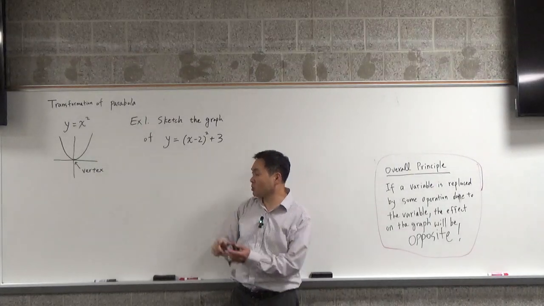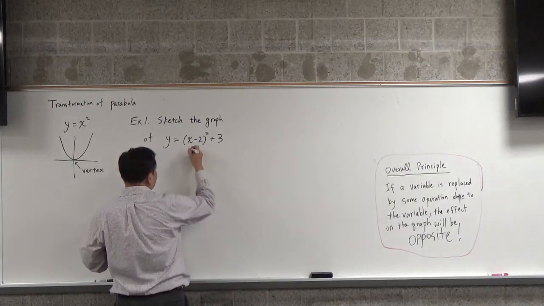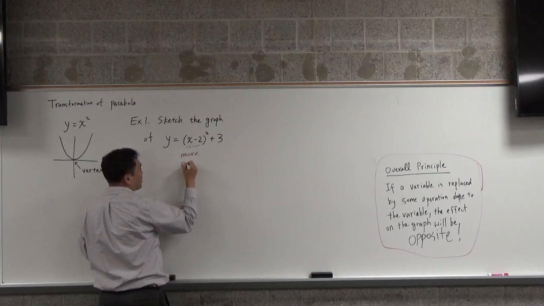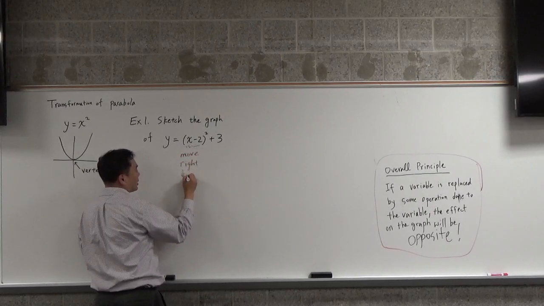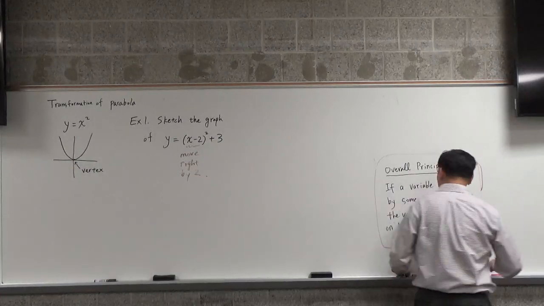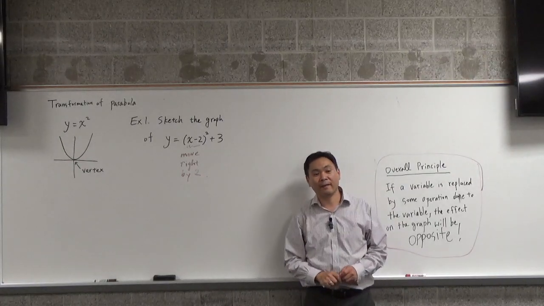So this is going to, let me write it here. This much is going to say move right by 2. That's what it's going to say. Now, what about this plus 3? What is it going to do? Yeah?